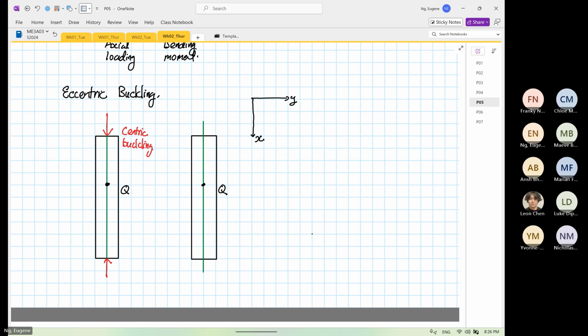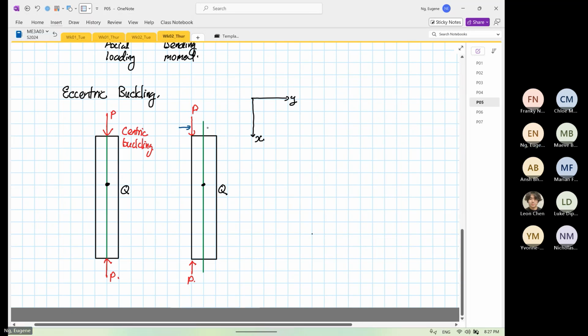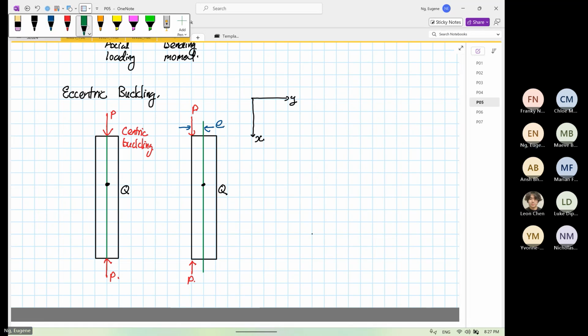The one on the right, the force, so this is P, this is also P. The one on the right, P, is not applied on the green line, and it has a certain offset distance relative to the centroid.